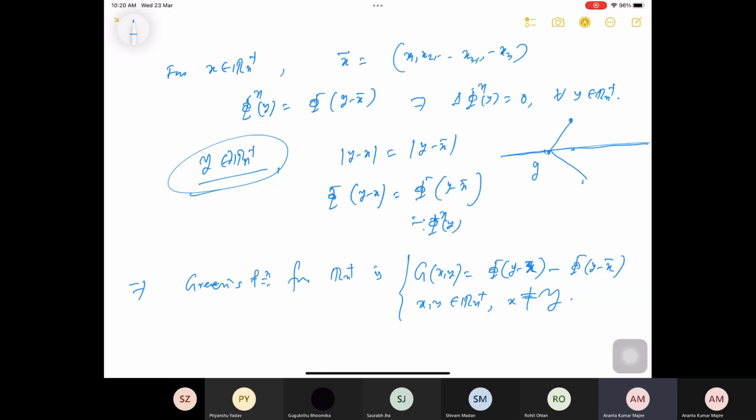This x bar is not the inversion, sorry; it is basically, whatever I have defined, a projection kind of thing.